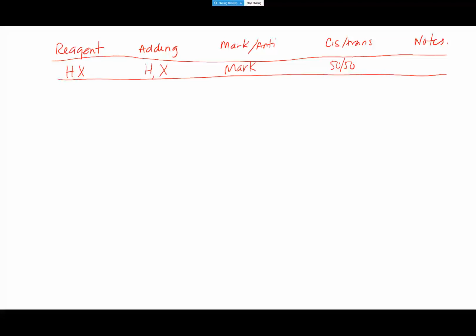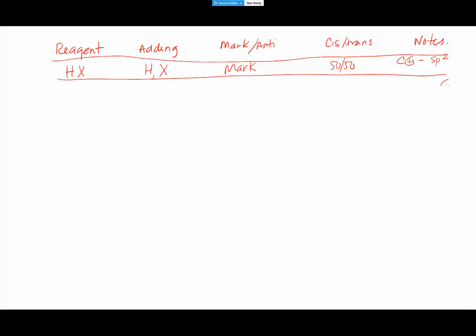So one of the things we should say is, why is this 50-50? And it's because it goes through what kind of an intermediate? It goes through a carbocation intermediate, and one of the things that we equate with a carbocation intermediate is that it's sp2.